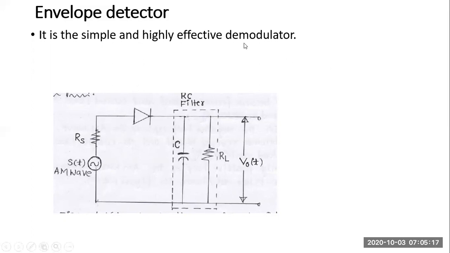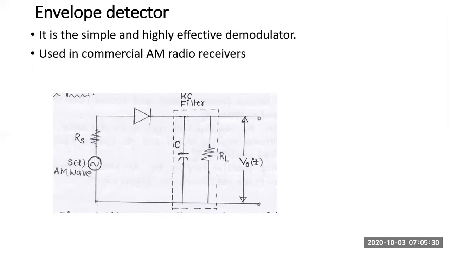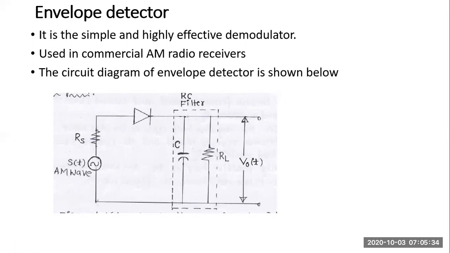Then this AM or envelope detector was the easiest and best circuit used in such complicated equipment also. It's used in commercial radio receivers, AM radio receivers for sure. And the circuit diagram of the envelope detector is shown below. You can see here, this is the circuit diagram.